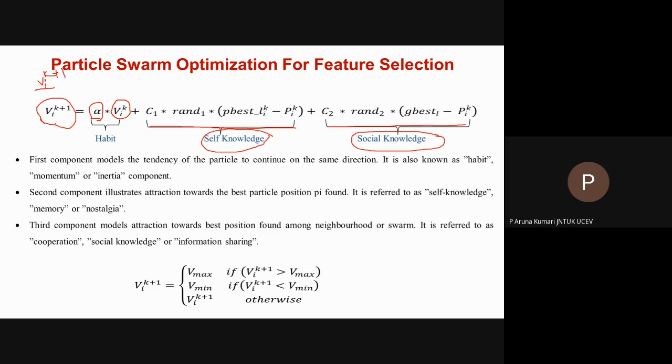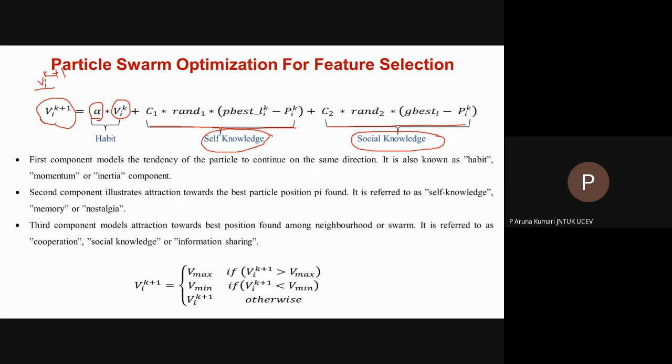Which direction you move will be given by alpha, the inertia component. The second component identifies the best location identified till now by the particle itself; that is the memory capability.